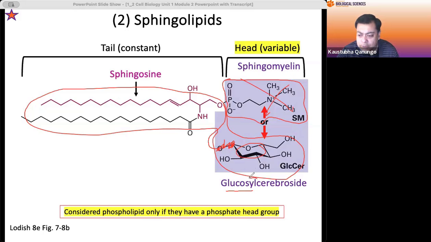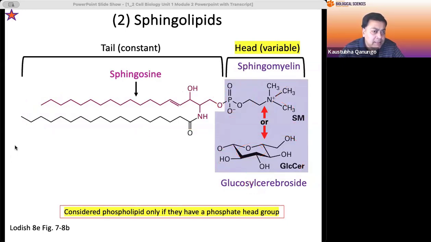If you do not see the word glucosyl, the name is still the same thing. So glucocerebroside, aka glucosylcerebroside. Both are used interchangeably. The glucocerebroside is not a phospholipid, whereas a sphingomyelin with a phosphate group is a sphingolipid, but it's a phospholipid as well.